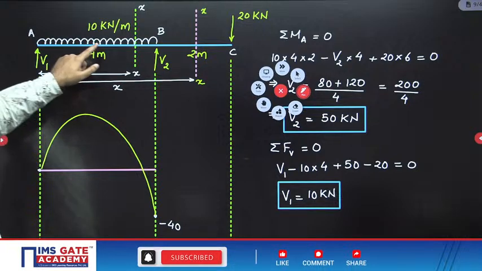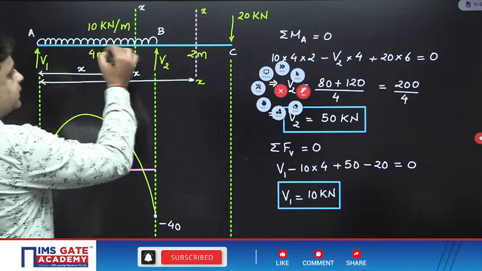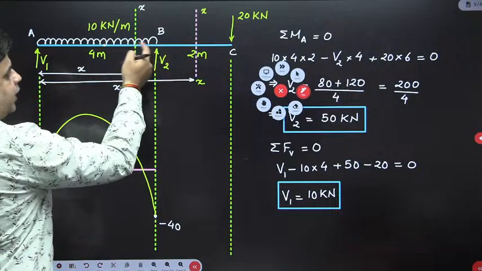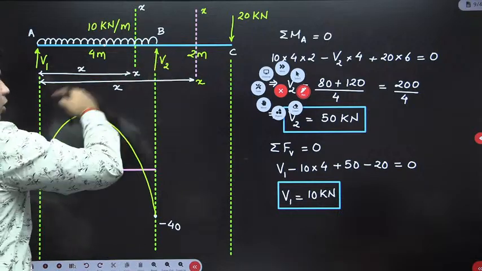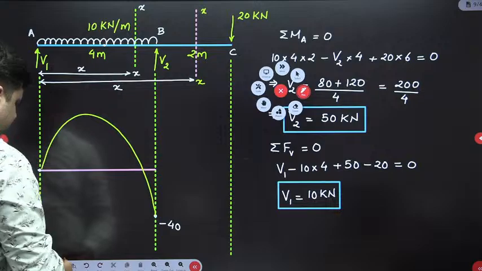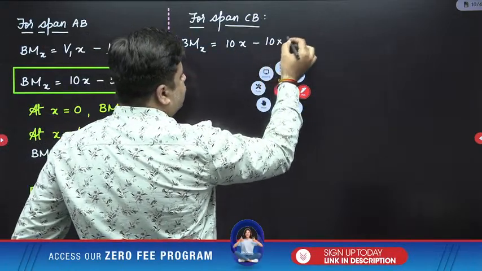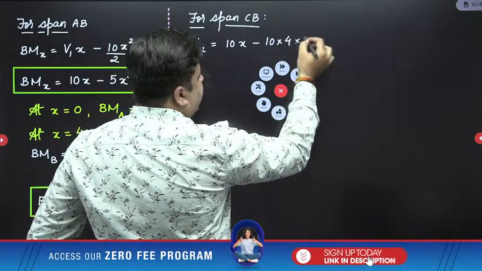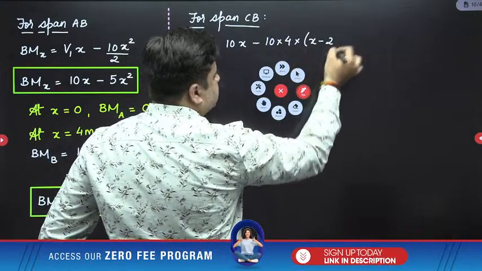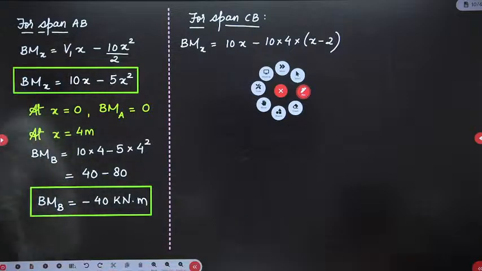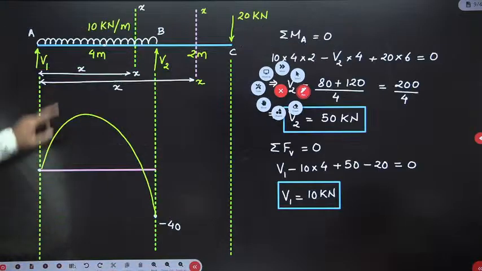So the distance between CG of this UDL and this section will be X minus 2. And this UDL will give you the hogging moment about this section. So the value will be minus 10 into 4 multiplied by X minus 2. This is the bending moment due to this UDL.